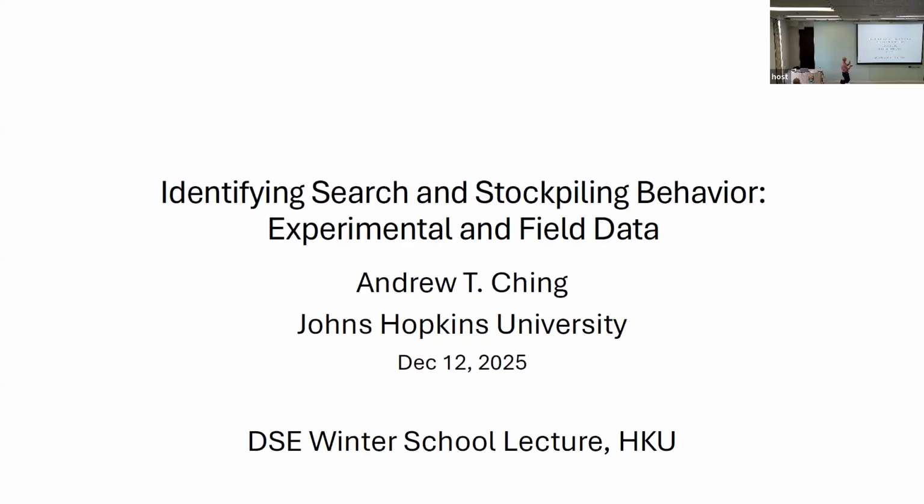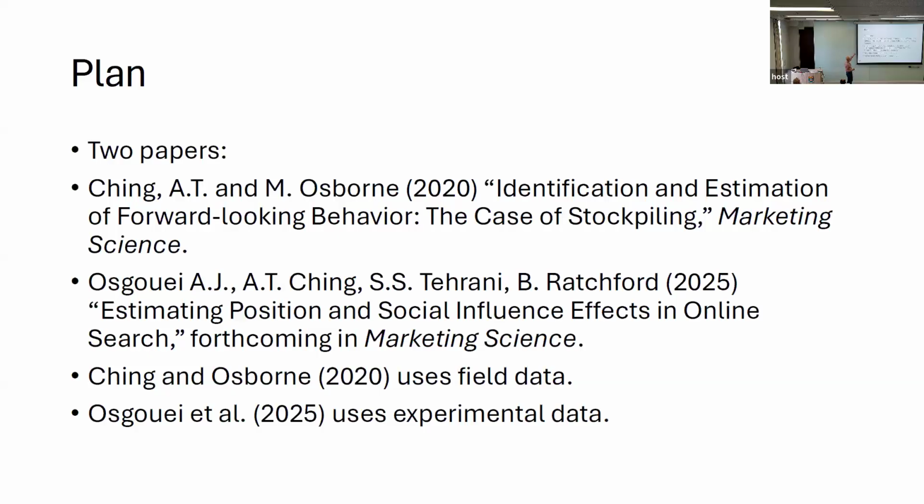The title I made up is experimental and field data. What I mainly want to do is use these two papers to talk about dynamic behavior. When I say experimental and field data, the first paper, about identification of forward-looking behavior in the stockpiling model, uses field data.